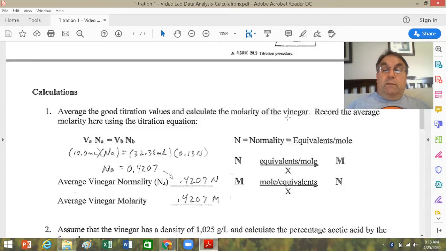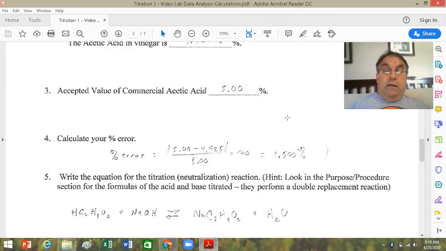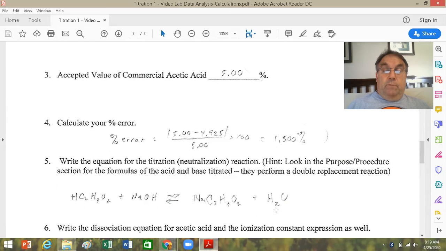They get neutralized, and neutralization reactions are a form of double replacement reaction. So the H and the Na trade places. Na's new partner is acetate, so we get sodium acetate, and H's new partner is OH. HOH is water, H2O. And it balances out as written.